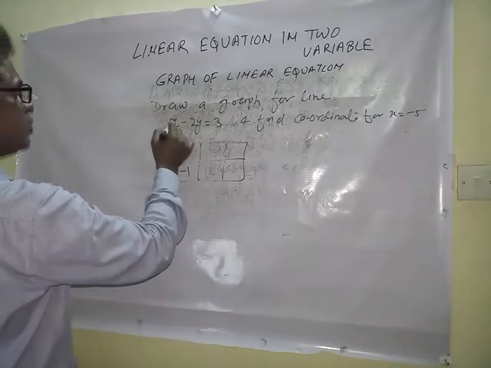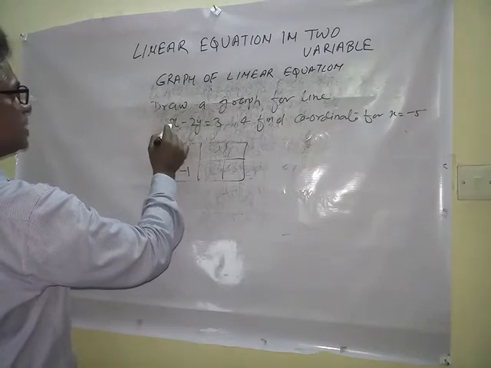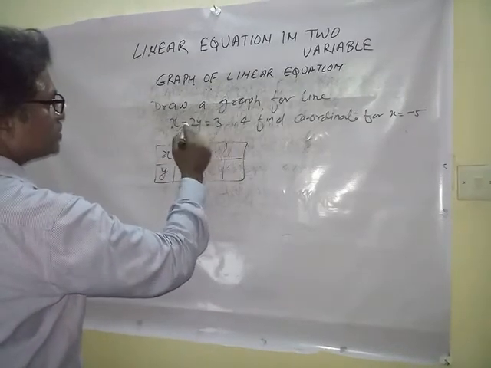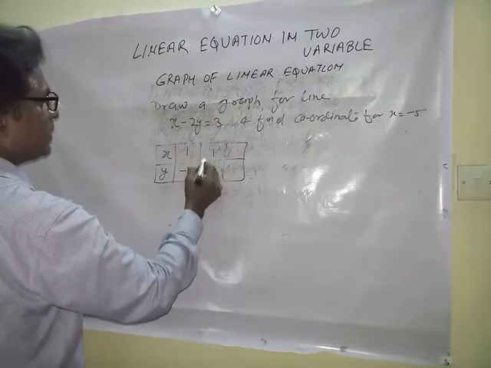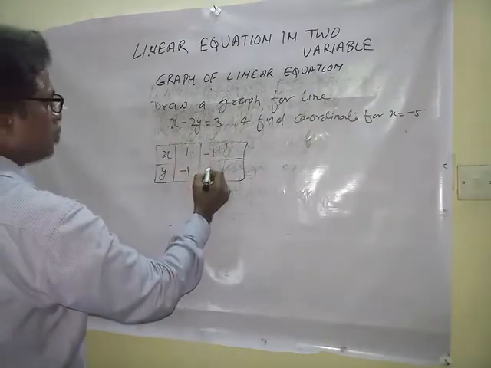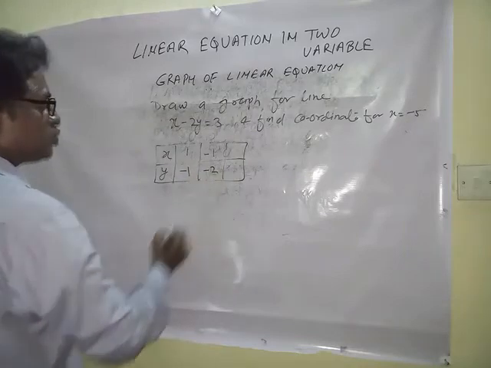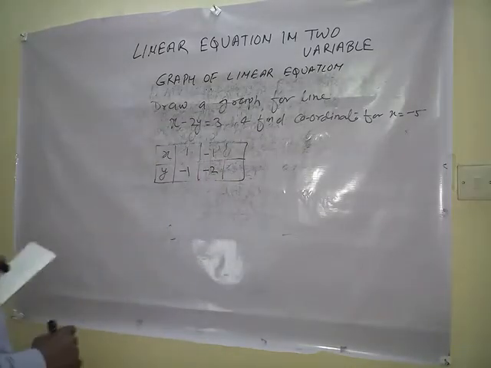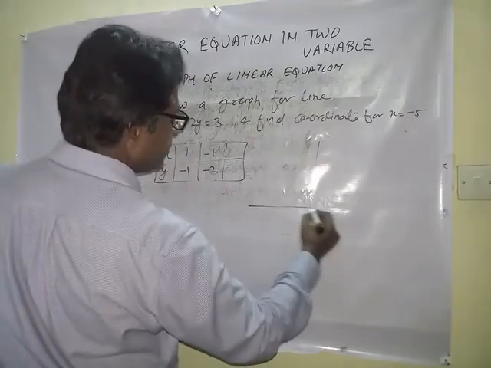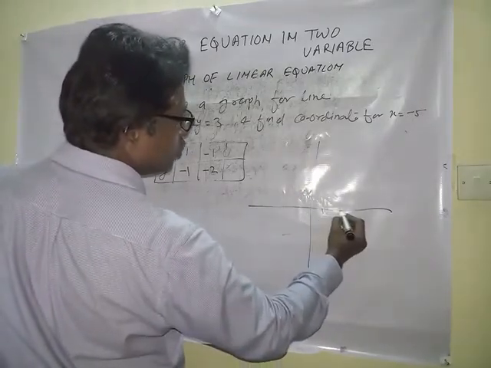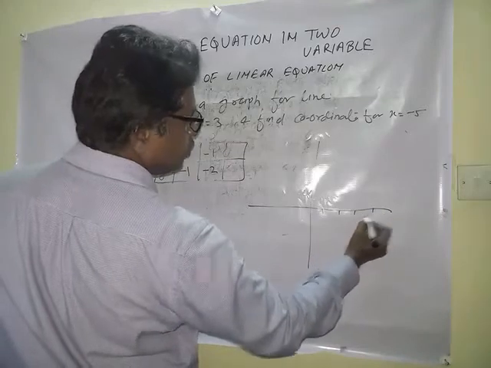Now put x is equal to minus 1 here, so minus 1 you will take out here, the plus, so it will become 4. 4 divided by minus 2 is equal to minus 2. You got two coordinates. Now you can draw the graph here. It is having a minus value also. 1, 2, 3, 4.